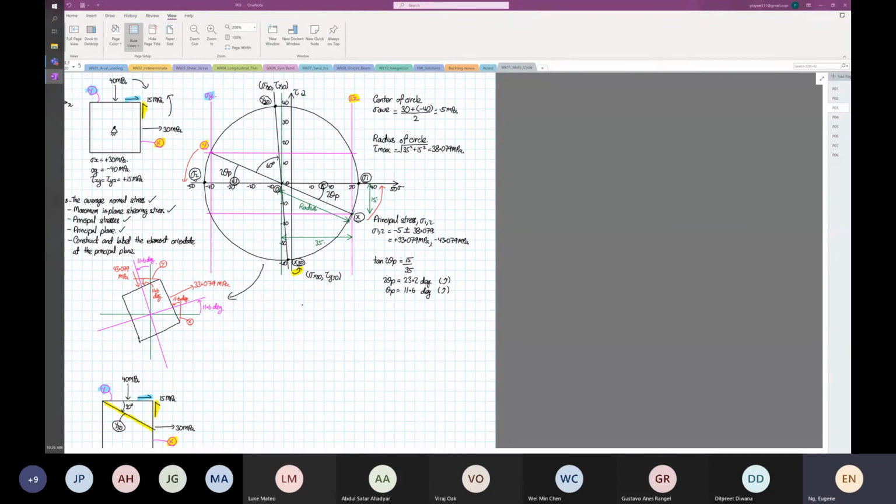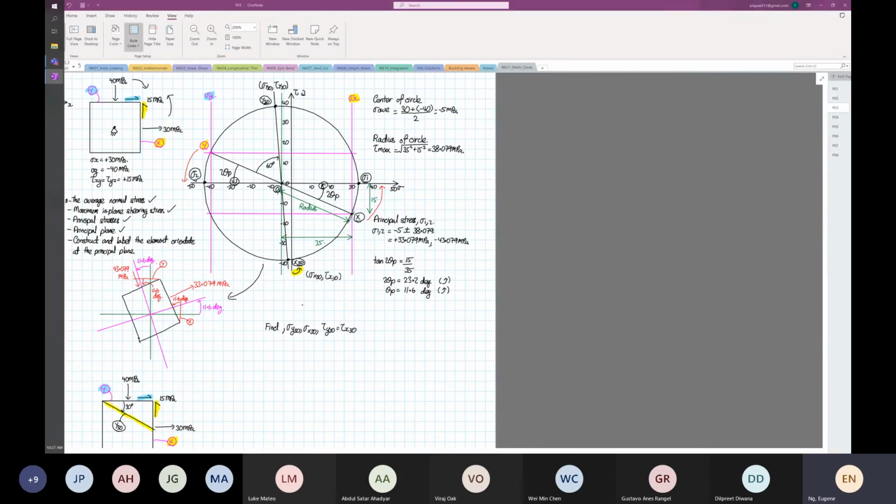We are going to find normal stress Y30, normal stress X30, and the shear Y30, and the shear stress Y30 and the shear stress X30 are the same. So I should draw this one as the shear stress X30.